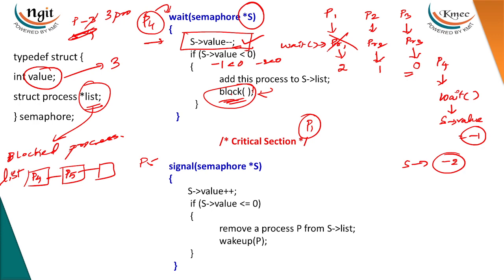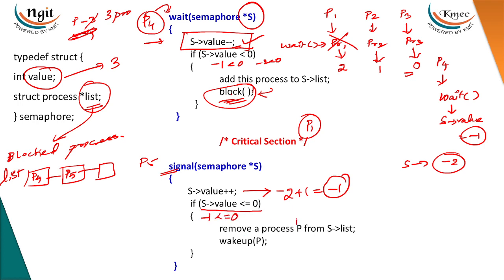Then assume that P1 has finished its execution and releases printer 1. It has to execute the signal function. What does the signal function do? It's an increment function. It will change the value from -2 to -1. Then is S of value less than or equal to 0? Yes, -1 is less than or equal to 0.